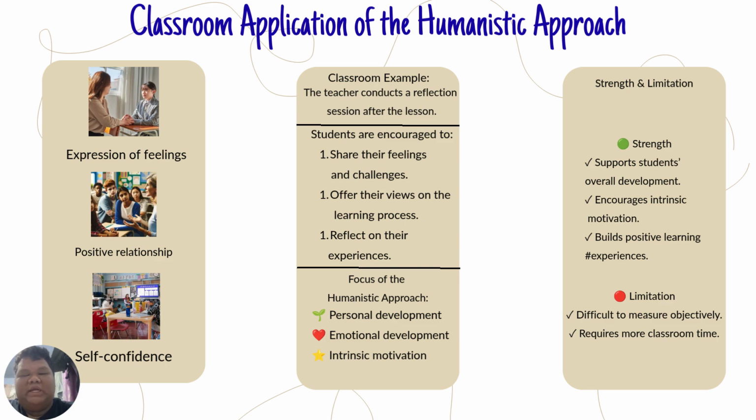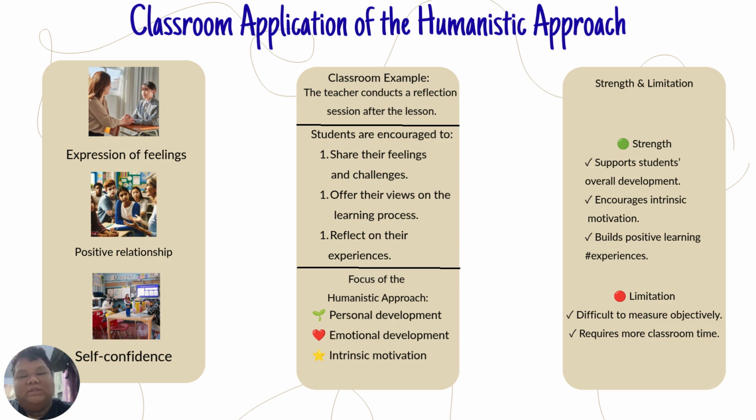One of the strengths of the humanistic approach is that it supports the holistic development of students, encompassing intellectual, emotional, and social aspects. Furthermore, this approach enhances student intrinsic motivation to learn. However, the humanistic approach also has certain limitations.